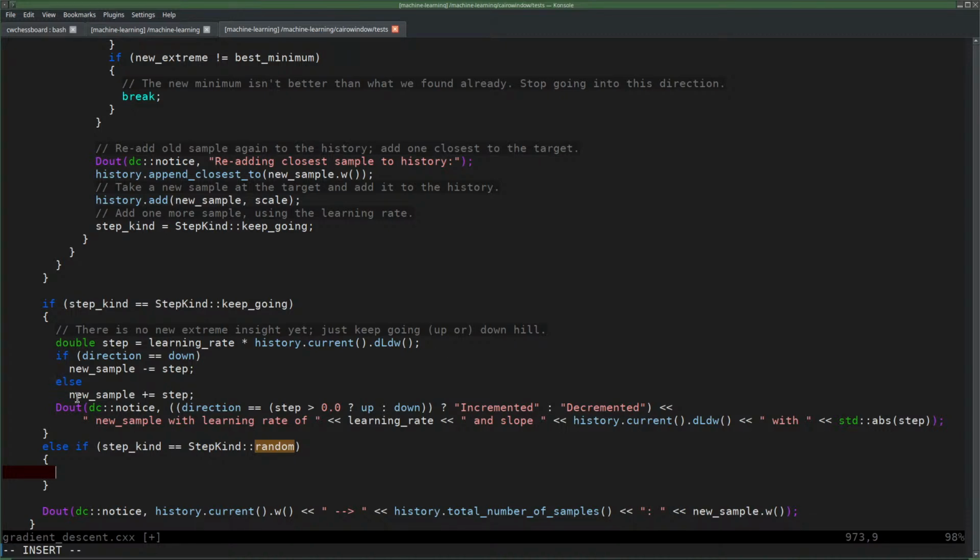And then my random step is going to be positive. Let's be positive. How large is our random step? No idea.